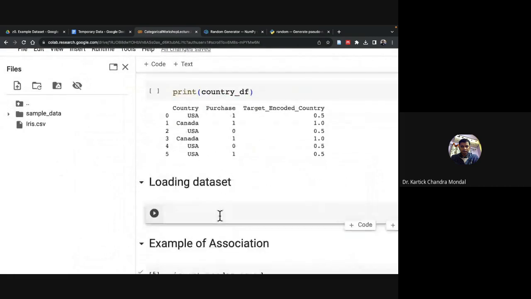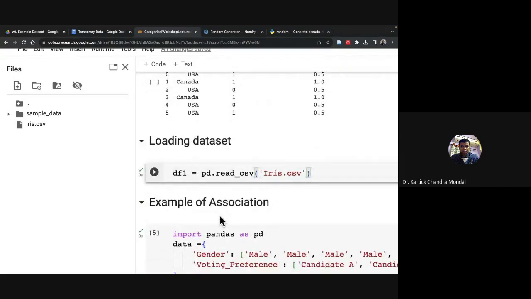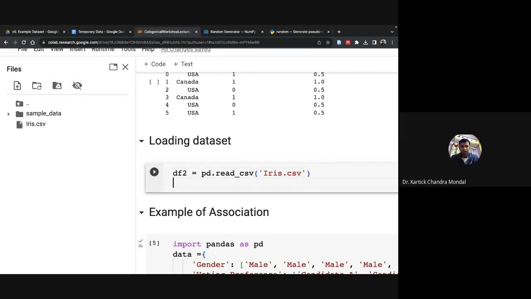So here, let's say df1 is equal to pd dot read, because it is a CSV file, so read CSV, and which file I want to use, iris dot CSV. Okay, so data frame 1 is okay. I have data frame 2 should be.